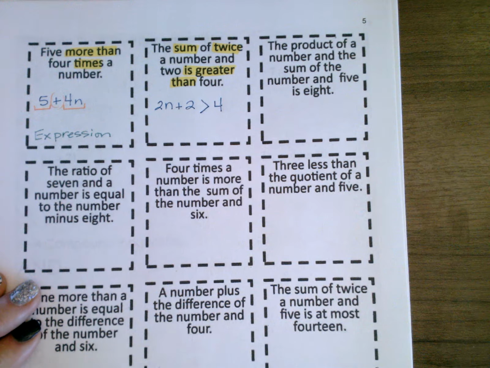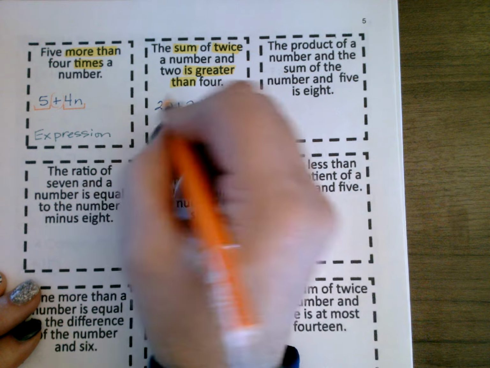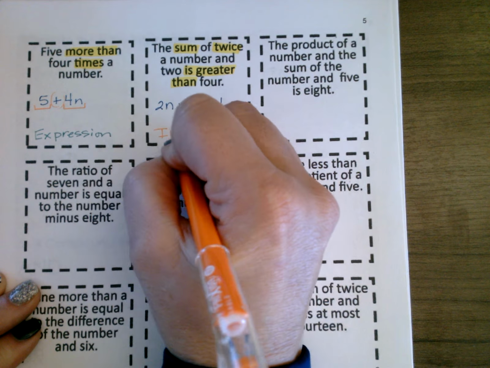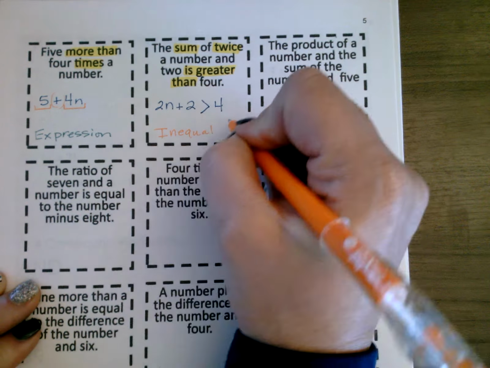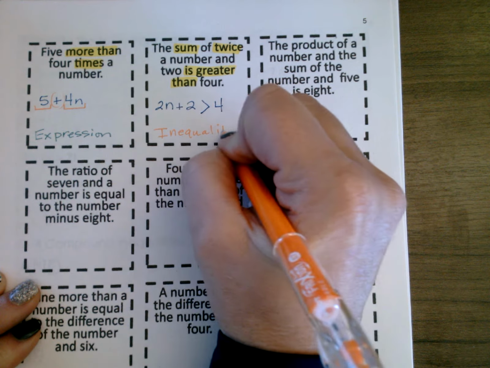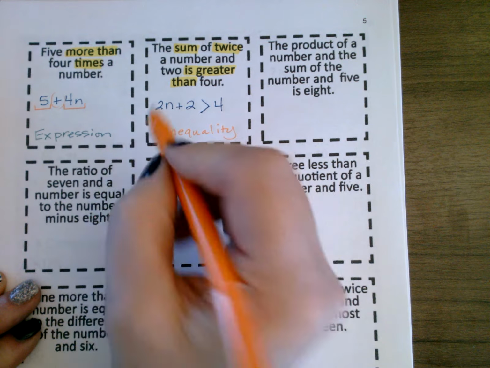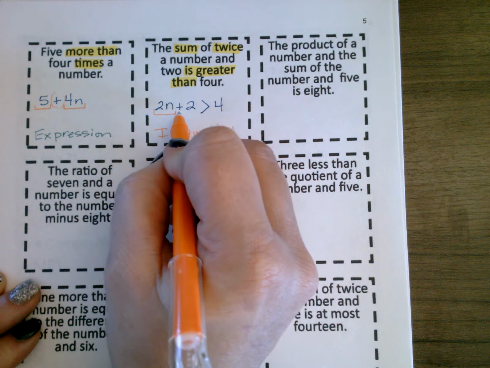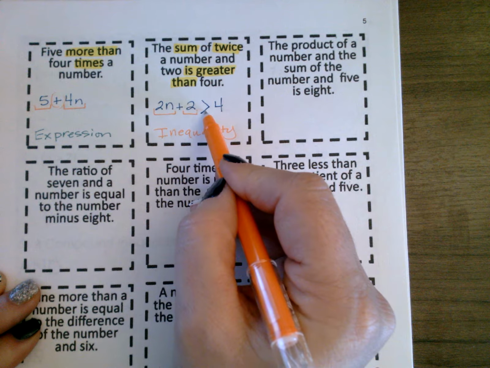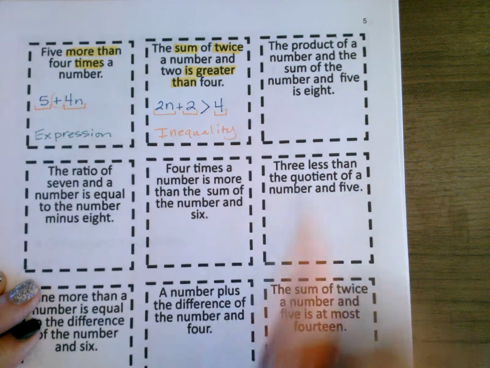Excellent. My question to you would be, is this an expression, an equation, or an inequality? This is an inequality because we have the greater than sign. It is 2 terms using an inequality sign.